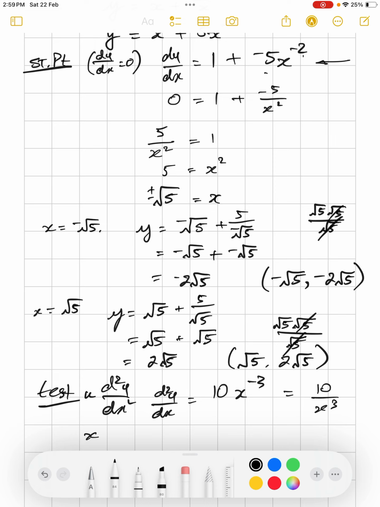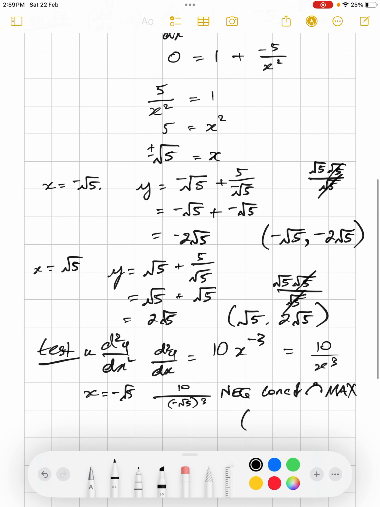So when x is negative root 5, we have a value of 10 over negative root 5 cubed, and that's a positive over a negative, therefore it's a negative. So it's concave down, and it would be a maximum at the point negative root 5, negative 2 root 5.